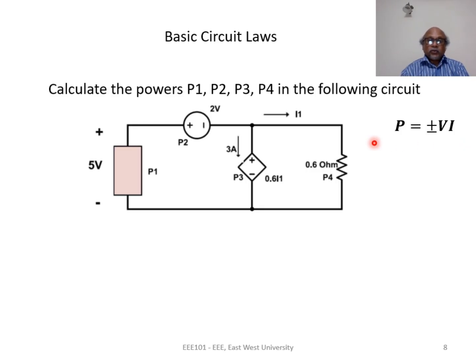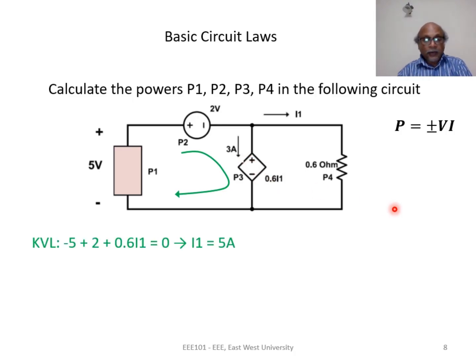first we want to calculate I1. If we look at this loop, there are three voltages: 5 volt, 2 volt, and the voltage of the dependent source, which is 0.6 I1. Remember, the 0.6 I1 is not a current, it is a voltage. Out of these three voltages, values of two are known, only one is unknown.